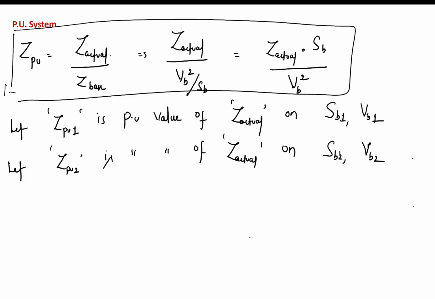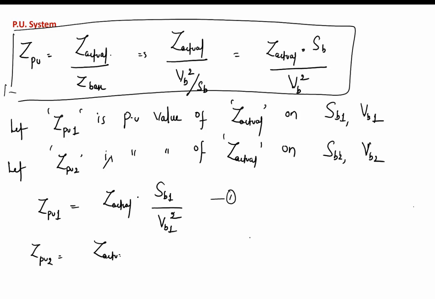Now how can I write? Z per unit 1 equals Z actual, the actual impedance, into SB1 divided by VB1 square. Okay, let us call this 1. Similarly, Z per unit 2 is the actual impedance into SB2 base MVA divided by base voltage VB2 square. Let us call this 2.